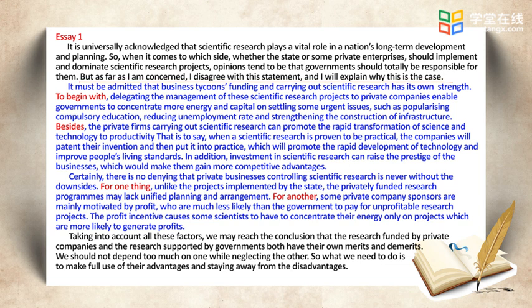Then, in the essay's main body, please look at the words in blue in this slide. The author first discusses reasons for why it is necessary for private businesses to carry out scientific research. Then, the author continues his discussion by pointing out the downsides of total control of scientific research by private businesses.